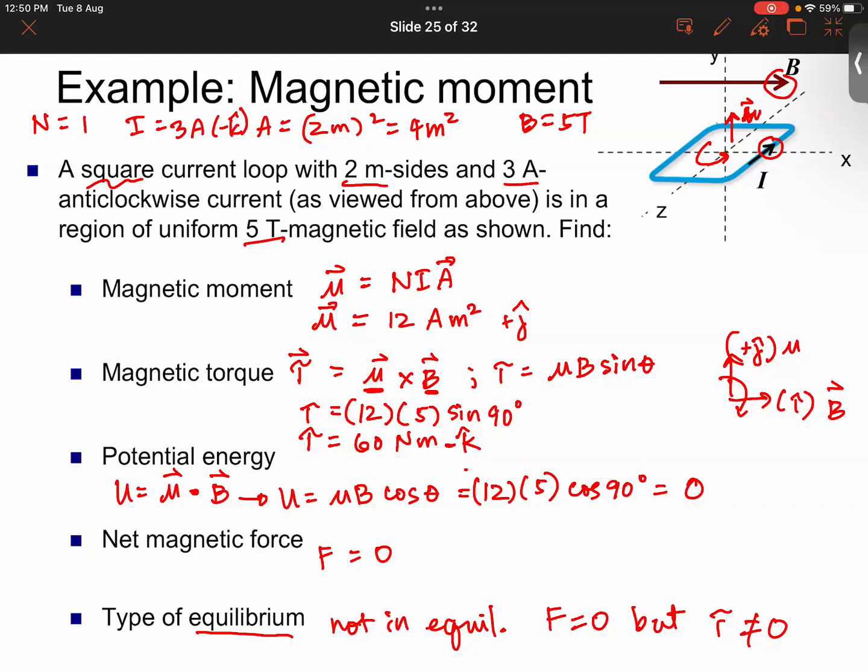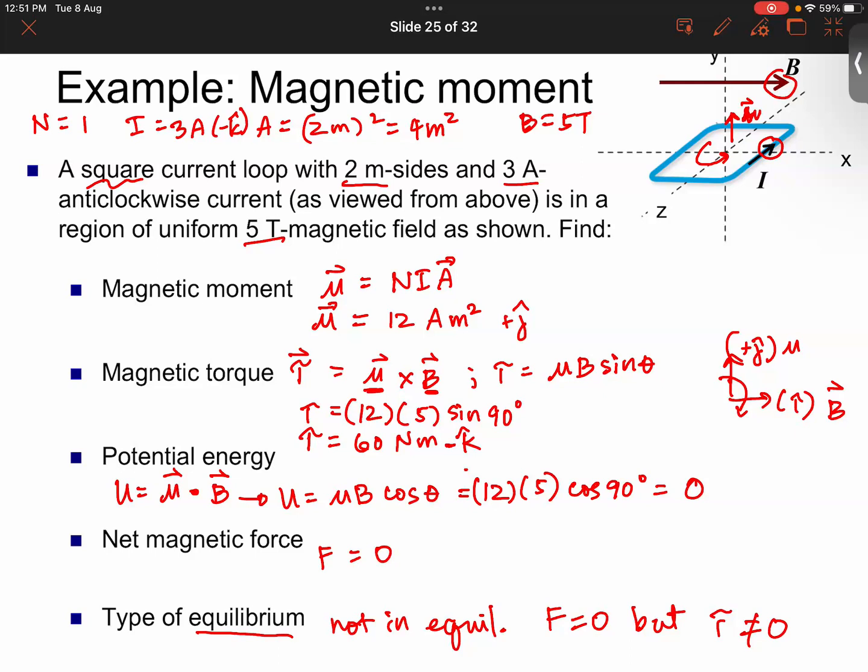So it's the direction of mu that we need, not the direction of the current. Good. So the magnetic field will tend to rotate the loop into the page, because the torque is minus K hat, into the page.